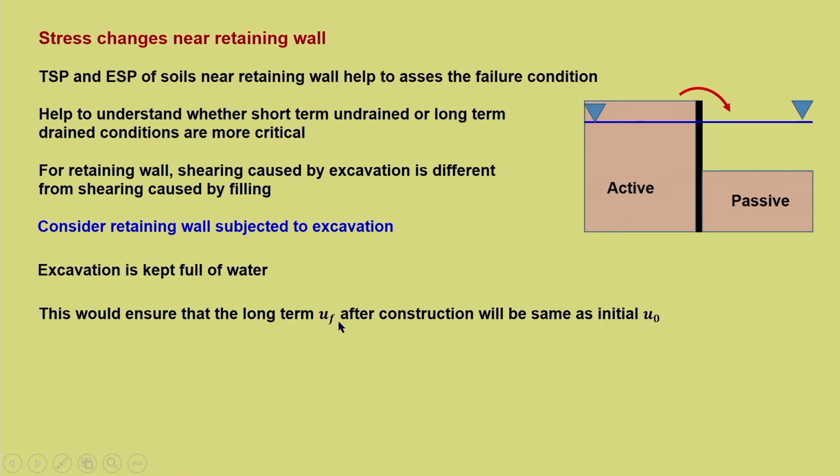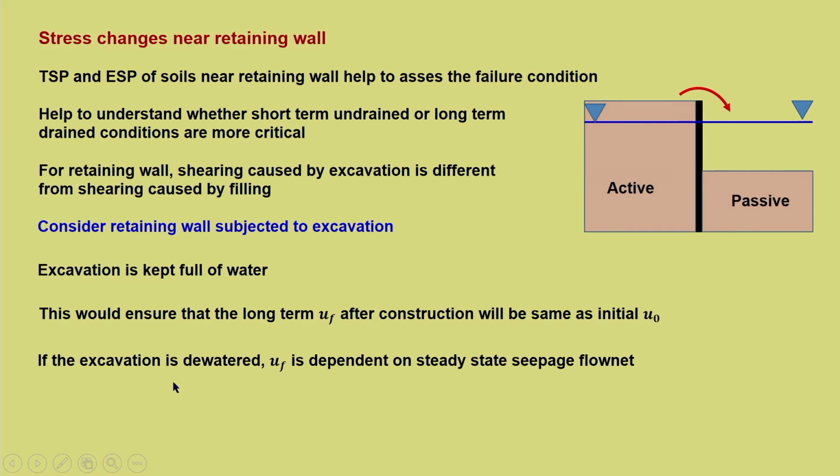That is the same statement, UF, the final equilibrium value, will be equal to the initial U naught. If the excavation is dewatered, that is, during construction of a retaining wall, if there is a high groundwater level, definitely the water has to be pumped out. So, the condition we have assumed is no longer valid in actual field implementation.